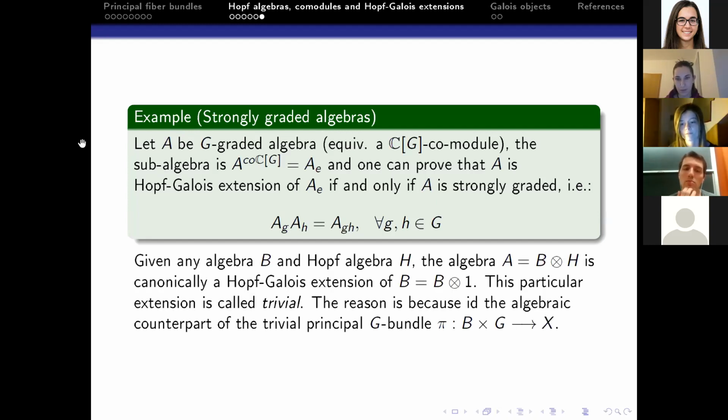Okay, to finish, more or less, I want to say that as in the case of bundles, there is the definition of a trivial bundle.